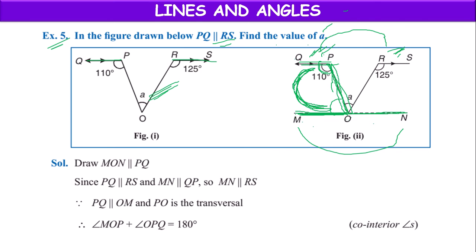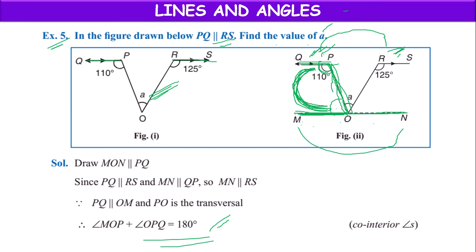So they are supplementary. According to previous concepts what we have learned, these two co-interior angles are supplementary. So 110 degrees plus MOP will be equal to 180 degrees.